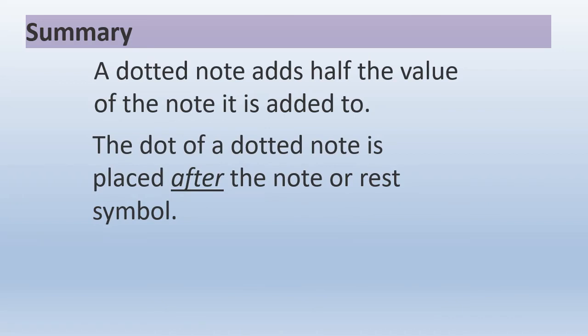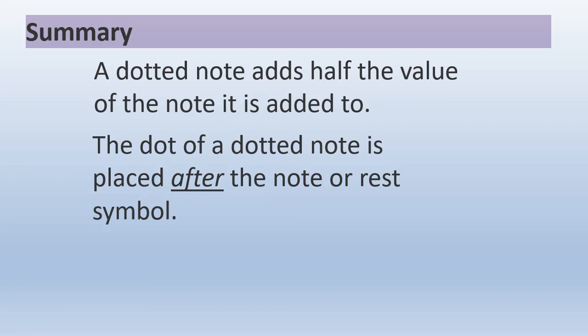The dot of a dotted note is placed after the note or the rest symbol. It's not only used for notes, it's equally used for rest symbols. It is not placed before, it is not placed under, it is not placed above. The dot is placed after the note.